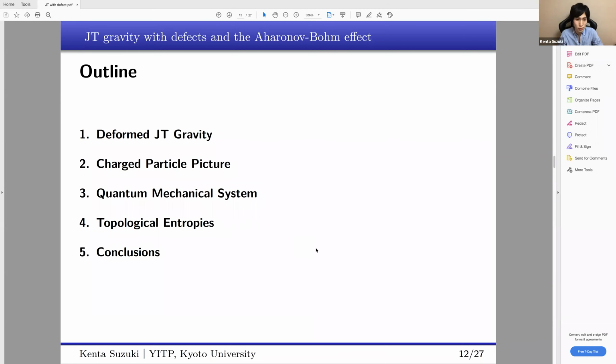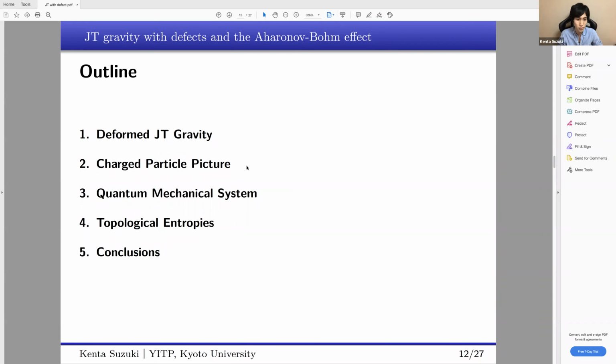So this is the rest of my talk. First, I will introduce the formulation of JT gravity by generalizing the dilaton potential to some exponential form.